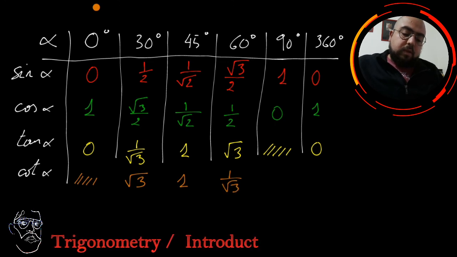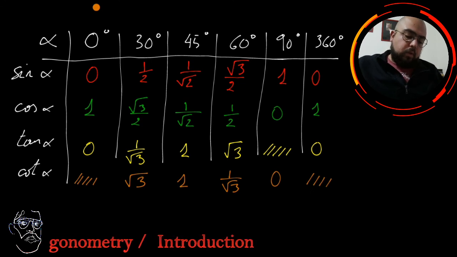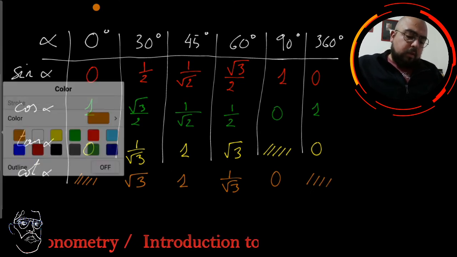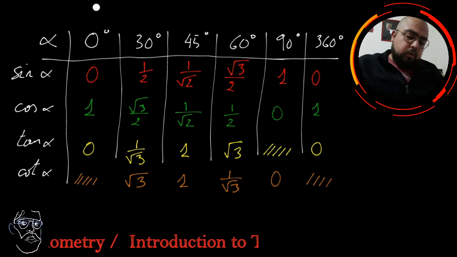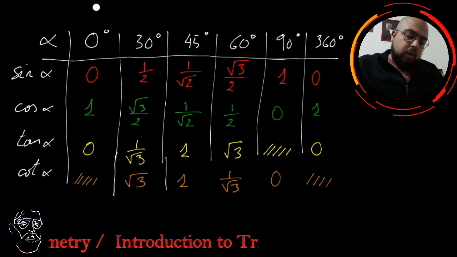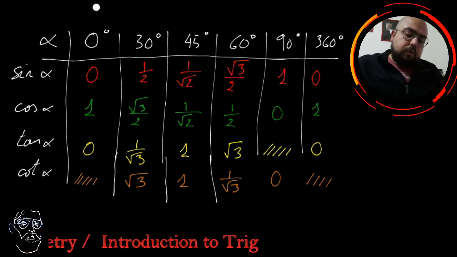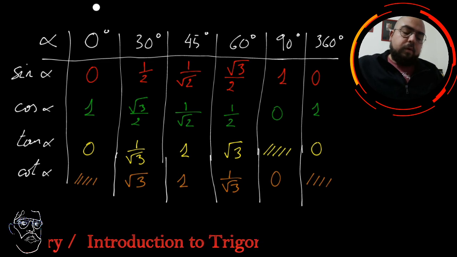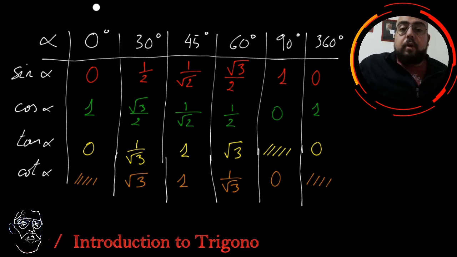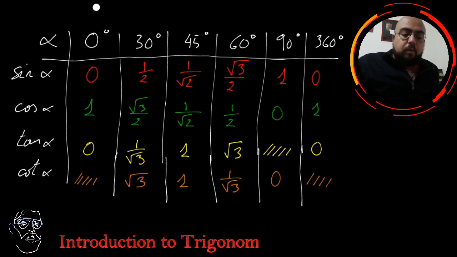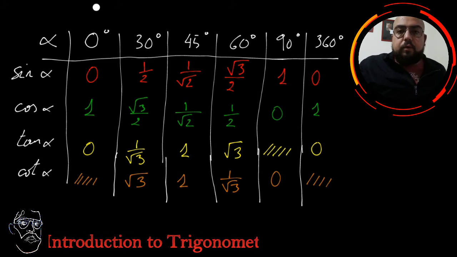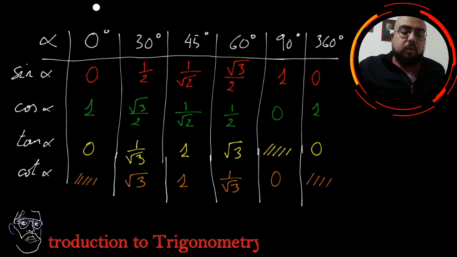In this case, it's 0. And then 360, it does not exist once again. So this is the table that you can use in order to have the different values related to the particular angles, and of course the exact value that you get as a result.